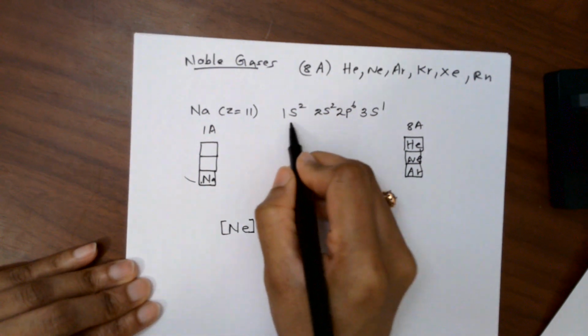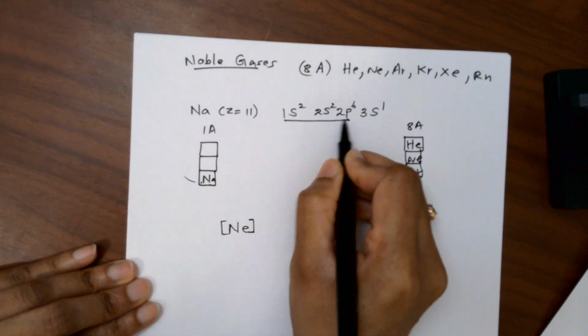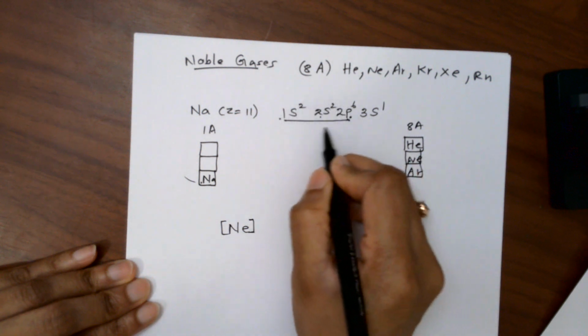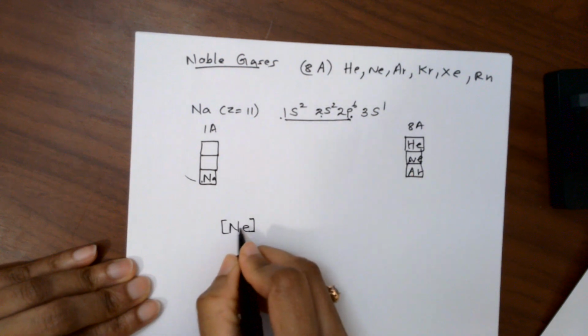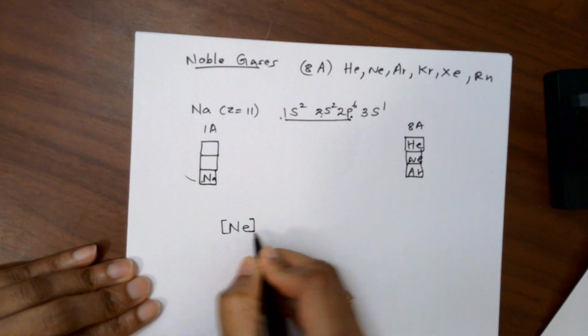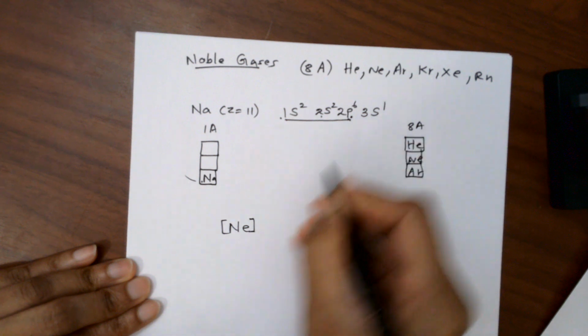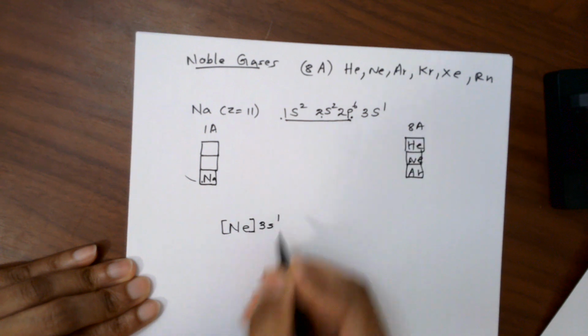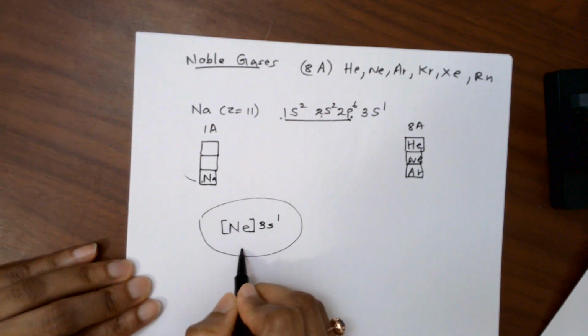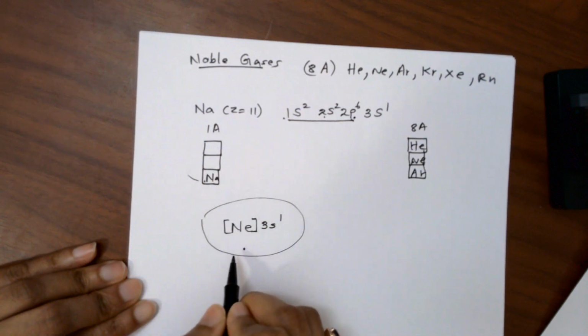So instead of writing the first 10 electrons, 1s2, 2s2, 2p6, we can write neon within the square brackets. It represents 10 electrons. And how many electrons remain? 3s1. So this is what we call the noble gas shortcut configuration for sodium.